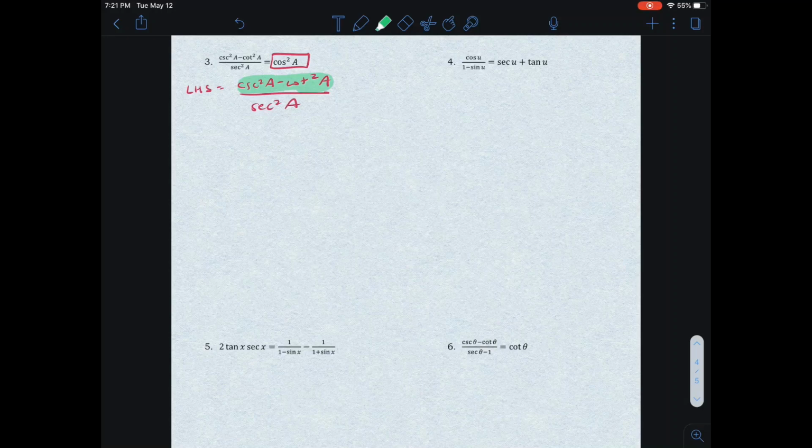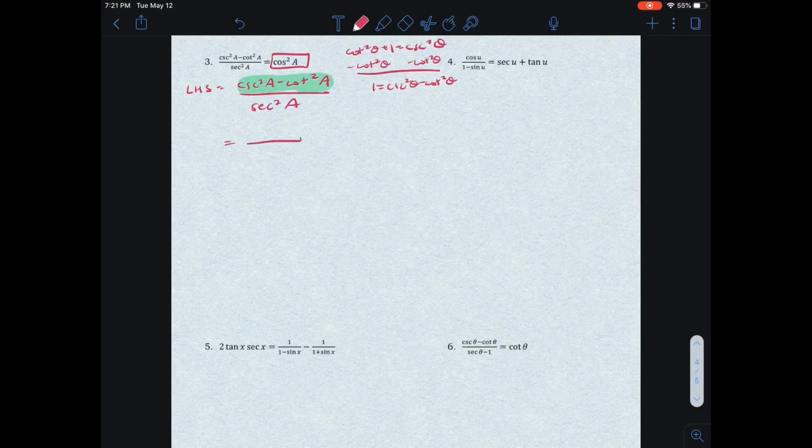Because this just comes from one of the Pythagorean identities, right? And the Pythagorean identity here is cotangent squared of theta plus 1 equals cosecant squared of theta. But in this case, I'm just going to subtract both sides by cotangent squared of theta. And if I do, I end up with 1 equals cosecant squared of theta minus cotangent squared of theta.